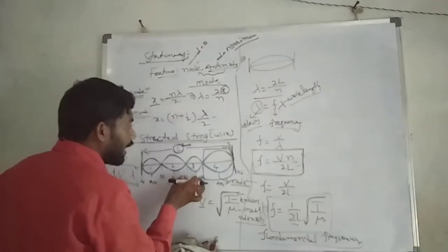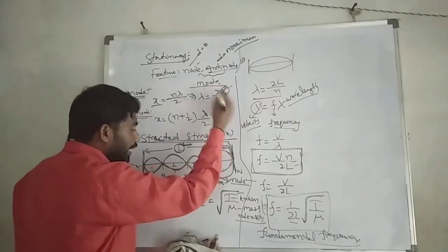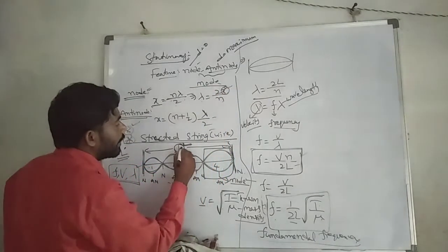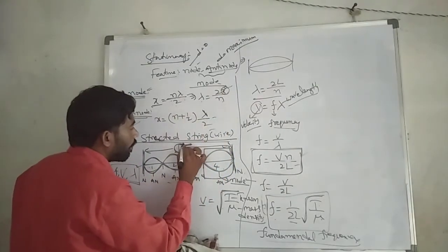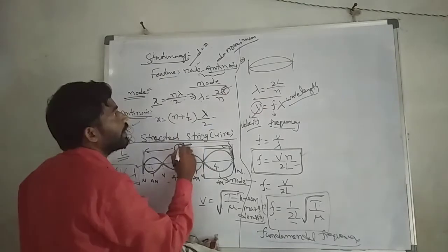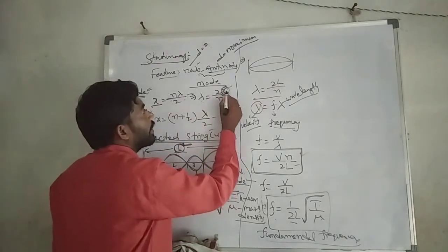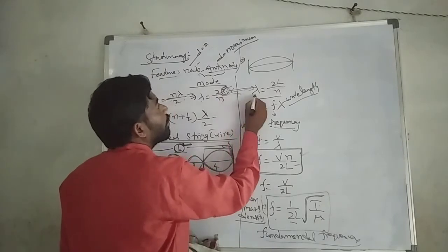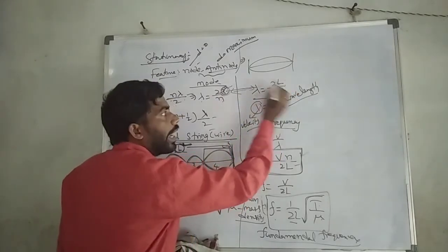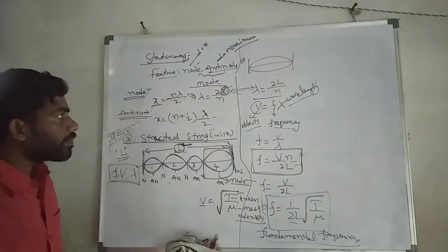But here, taking the distance as L instead of x, the same case gives lambda equal to 2L by n.